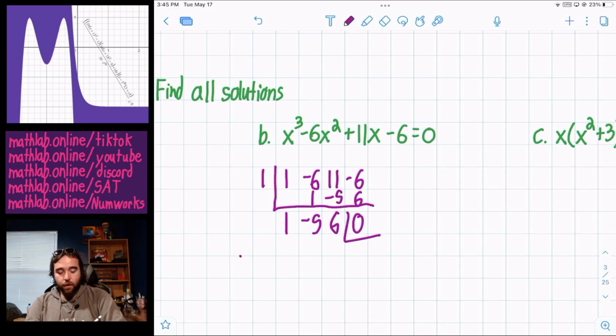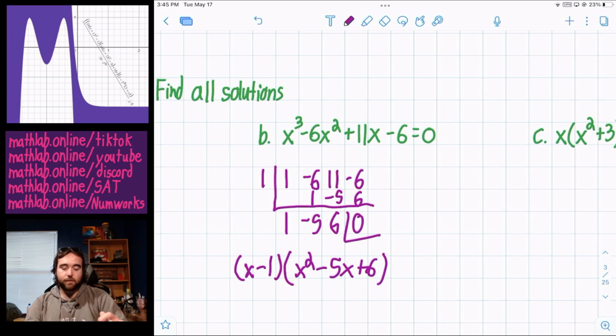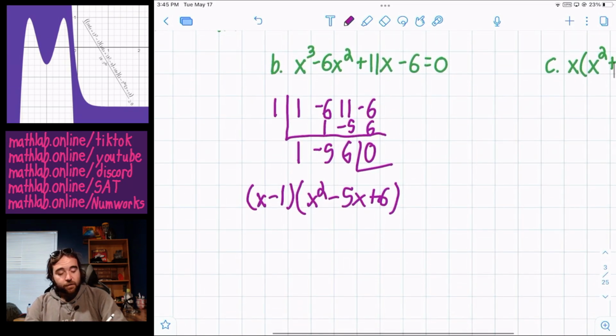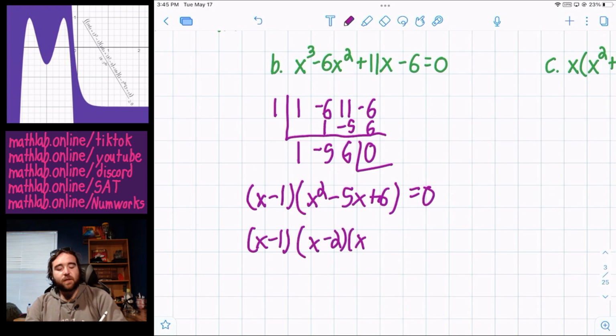So 1 worked, so x minus 1 is a factor. And then we have x squared minus 5x plus 6, and we hope that we can factor that. I think we can. So it's x minus 1 times x minus 2 times x minus 3. Oh, isn't that nice? Our answers are 1, 2, and 3.